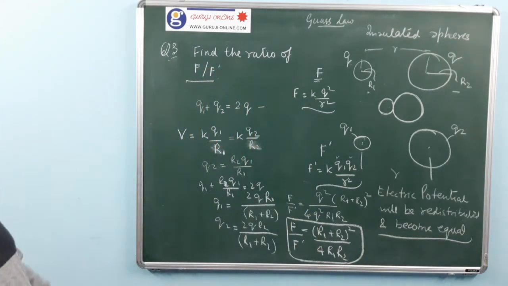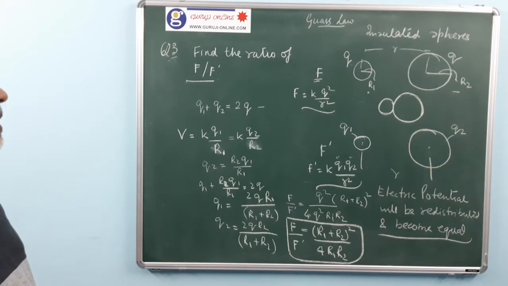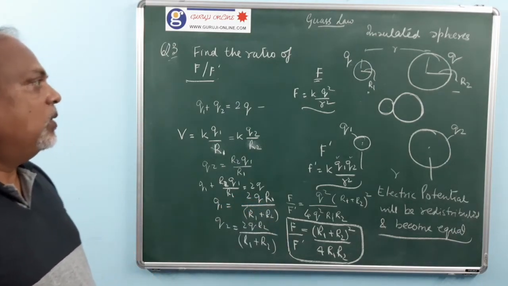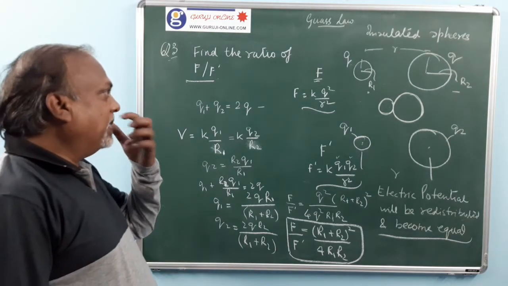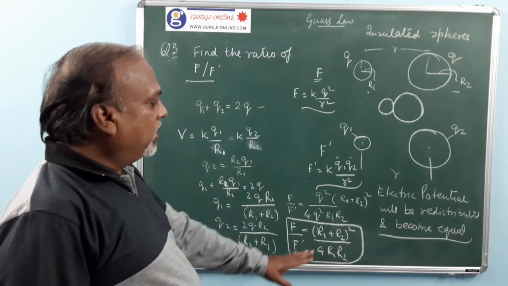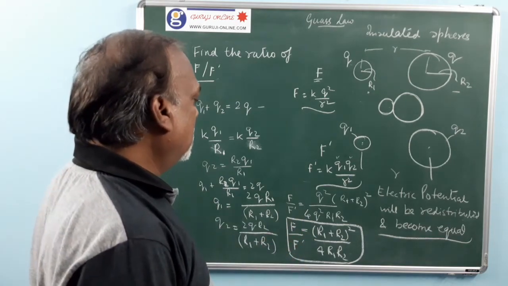So you can be given only the radius, and you can be asked this ratio. So don't panic, because after all this ratio depends only on the radius of the spheres.